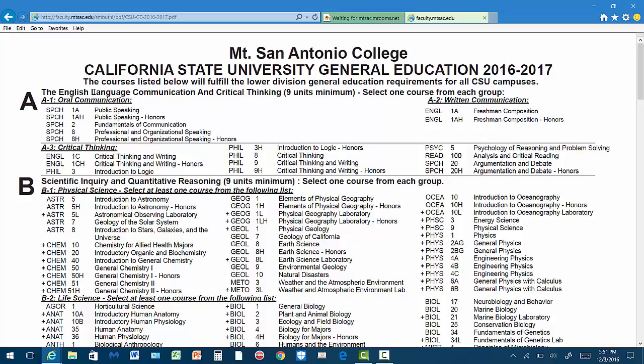Remember to always read instructions. The English language communication and critical thinking, 9 units minimum. Select one course from each group. So A1 oral communication, 1 class. A3 critical thinking, 1 class. A2 written communication, 1 class.